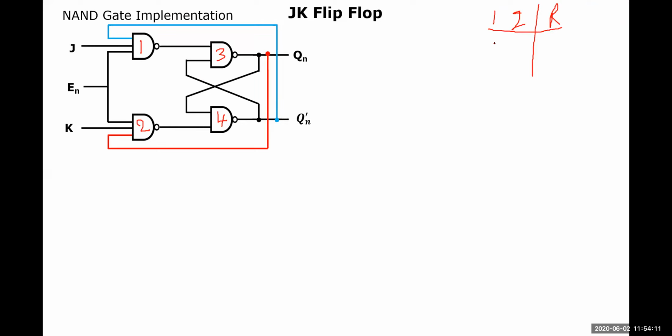Input combination 1 is 0, 0, the output is 1. Combination 2 is 0, 1, the output is 1 again. Then 1, 0, the output is again 1. And 1, 1, both inputs are equal to 1, you get 0 here. You need to remember this particular scenario.